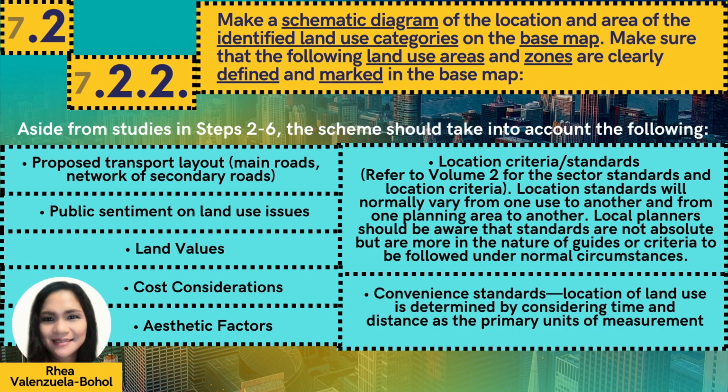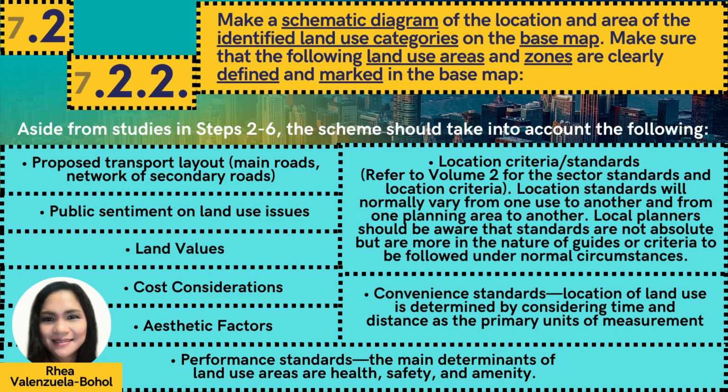Then, convenience standards. Location of land use is determined by considering time and distance as the primary units of measurement. And performance standards. The main determinants of land use areas are health, safety, and amenity.